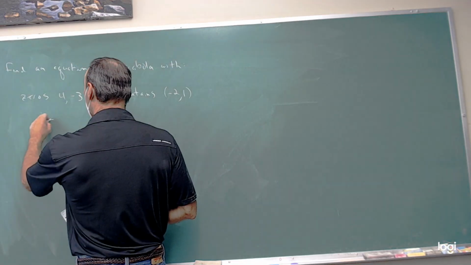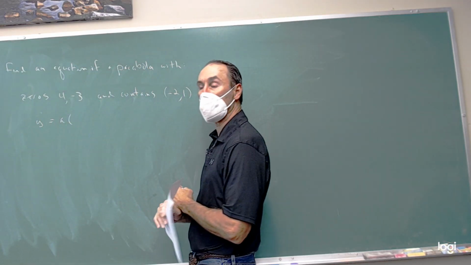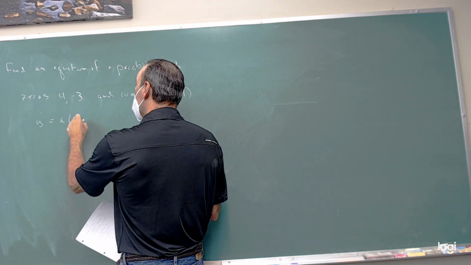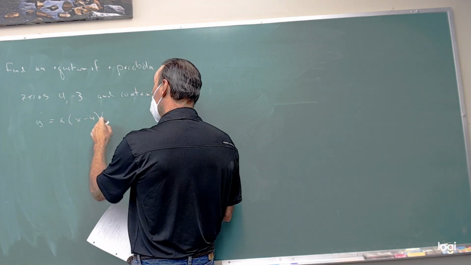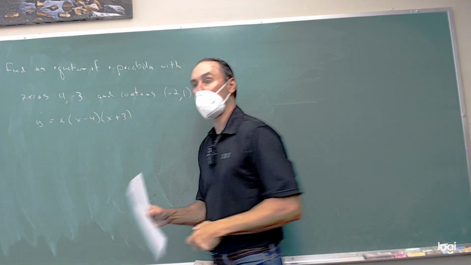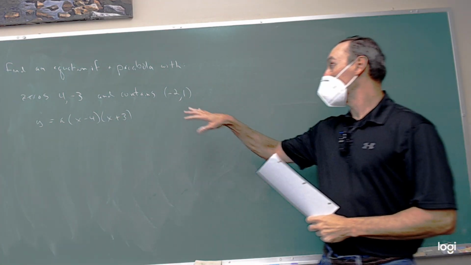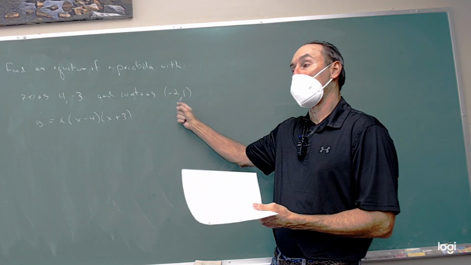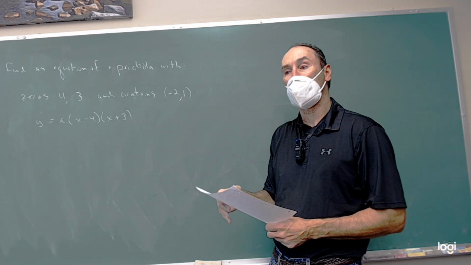So again, we're going to start out with A times, what's it going to look like this time? (x minus 4)(x plus 3), exactly. Good. I didn't give you the y-intercept this time, but it's still a point on the curve, so it's still a value for x and y that has to make that a true statement.